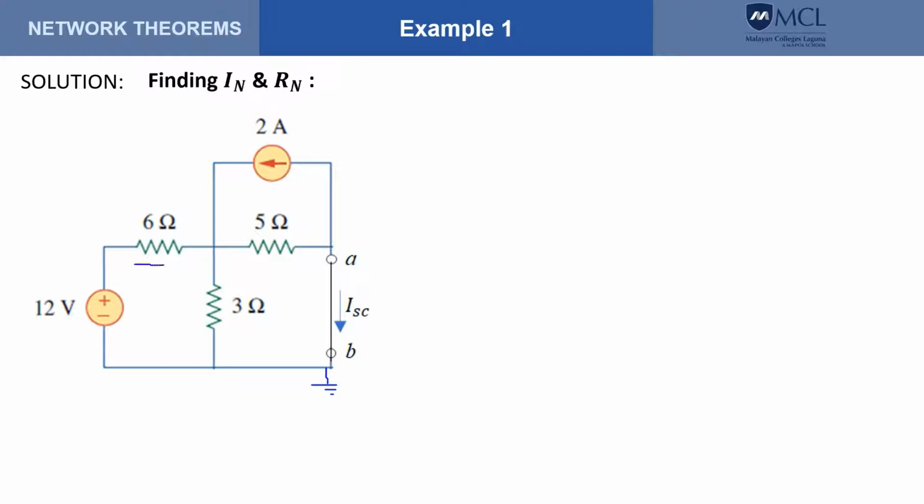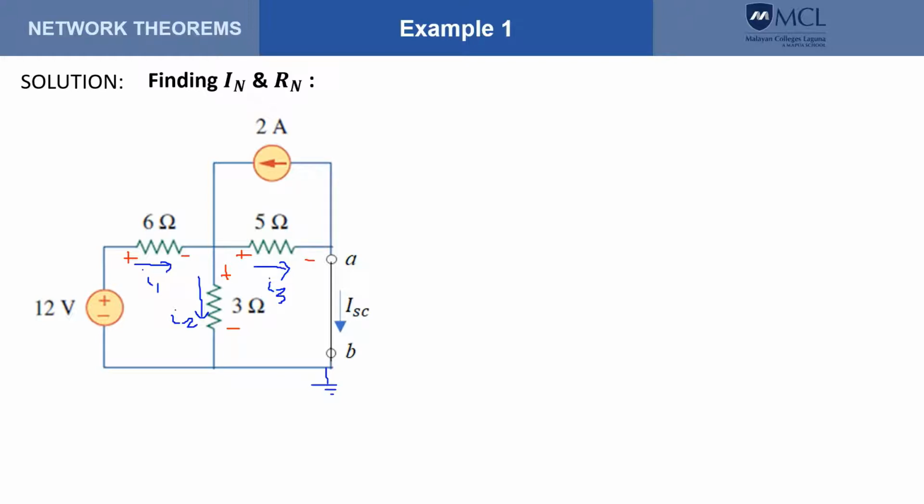So let's say this is I sub 1, this is I sub 2, and here is I sub 3. The corresponding polarities are the following: plus, minus, plus, minus, plus, minus. The current directions are arbitrary.